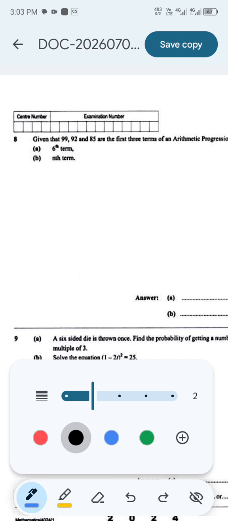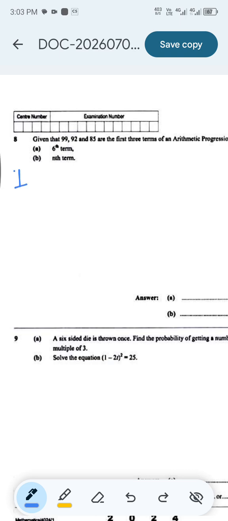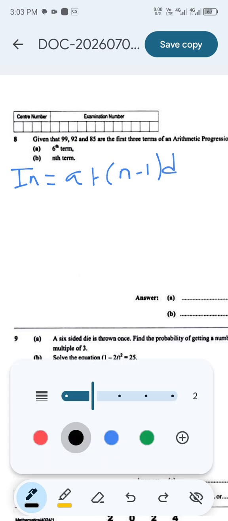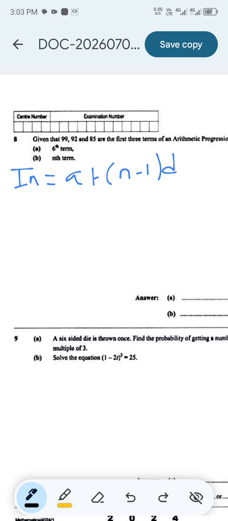So the formula is nth term is equal to first term plus n minus 1 times d. We want to find the sixth term, so we replace n with 6. What is our first term?